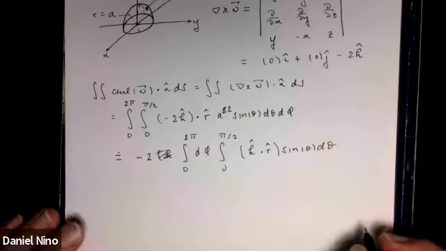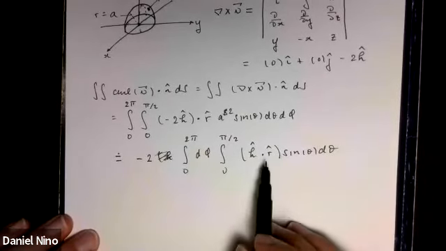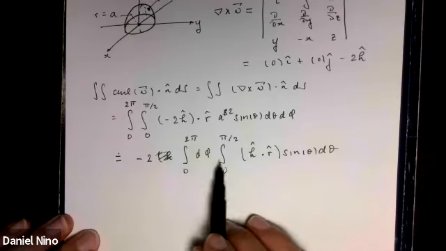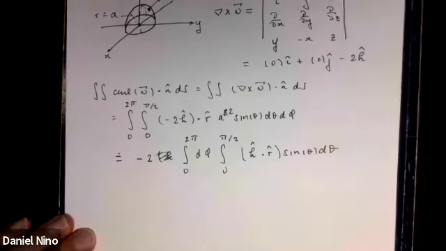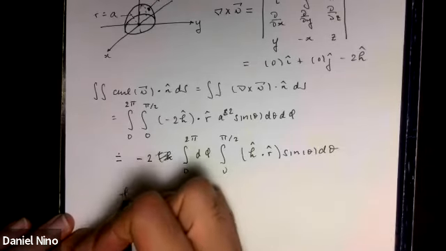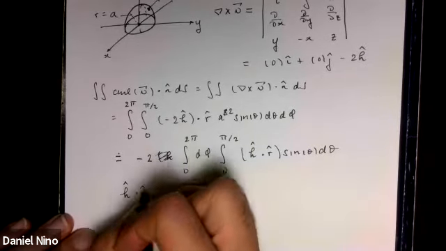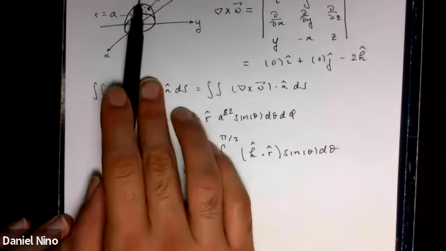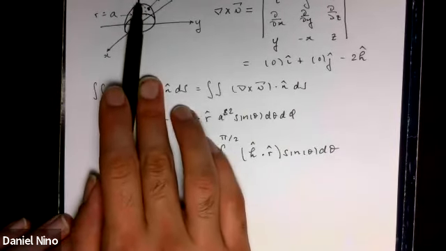Okay, so we can split up our integral like this. This component we'll see depends on theta, so that's why we're leaving it in this integral, and this is completely independent from the other one. Now the dot product of k hat with r hat, you have to remember that k hat goes only along this direction.